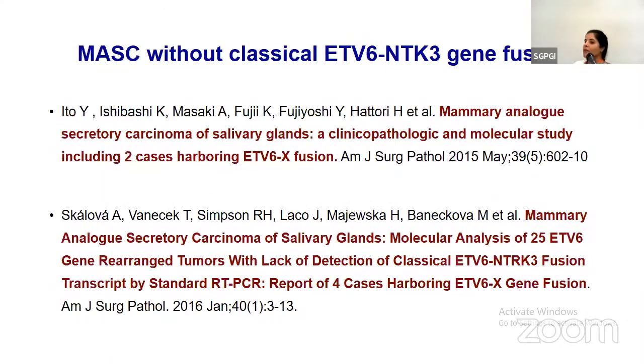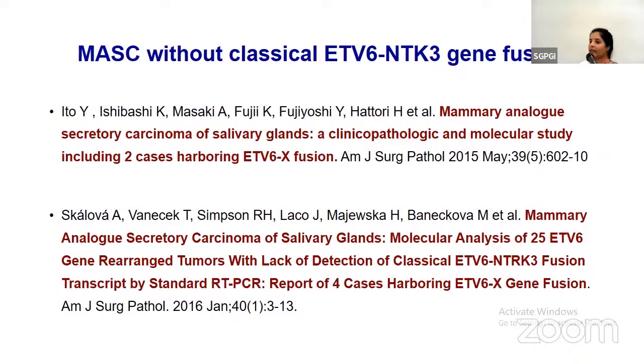So these were the two main studies which I came across. The first study is by Ito et al., in which they documented two cases in which they were not able to identify the second partner for the ETV6 gene fusion. And the other study is by Skalova et al., both during 2015 and 16.